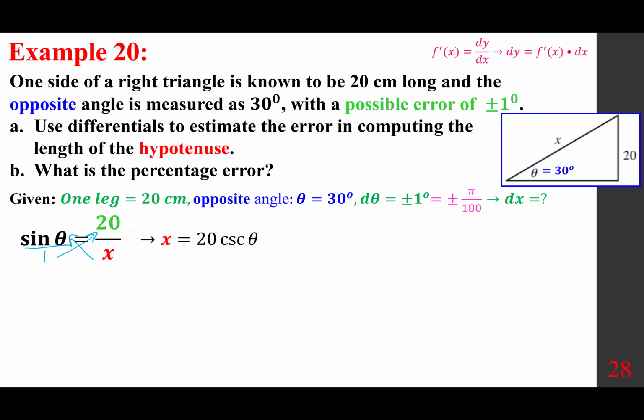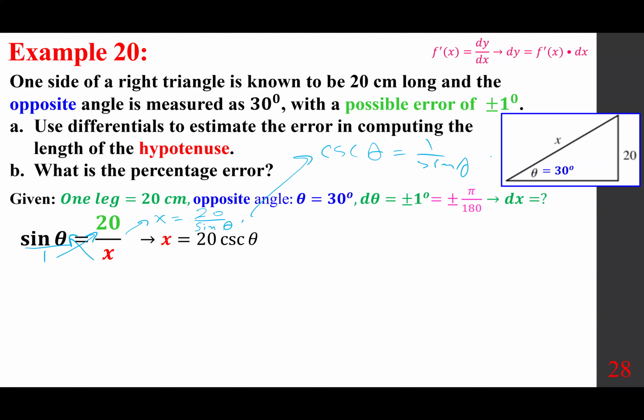So let me just actually write this. This means x is 20 divided by sine. And we should know, cosecant theta is 1 over sine, or sine is 1 over cosecant, makes no difference. So x is 20 cosecant theta.